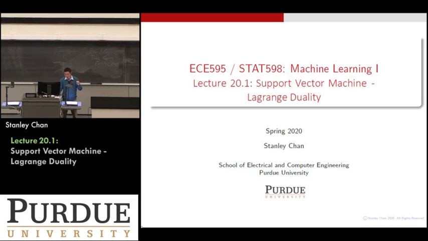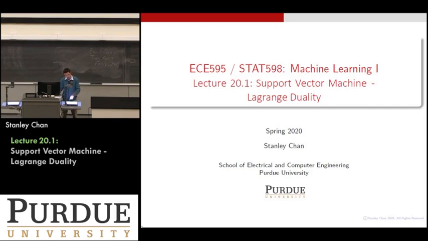Now, what I want to do today is to talk about the dual perspective of the support vector machine. Last time when we talked about support vector machine, we also tried to introduce the optimization formulation. And that formulation, if we want to call it, is called the primal version, primal support vector machine. And then what we are going to look at today will be called the dual support vector machine.